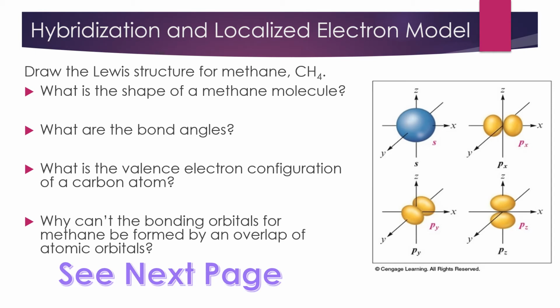Why can't bonding orbitals for methane be formed by overlapping atomic orbitals? If it's going to make 4 bonds, how many electrons are being shared? Must be 4. But when we look at that diagram I had you draw a second ago, 2 arrows, spread out 2 arrows, there's only 2 electrons in there that aren't already paired up.